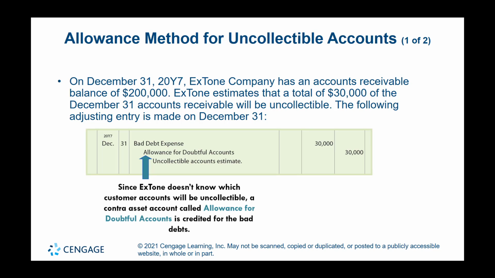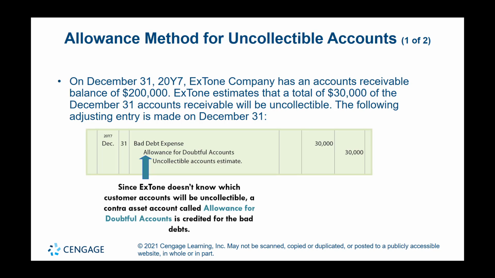You need to estimate how much sales will be returned. Here it is how much accounts receivable will be uncollectible. An estimate will be based on relationship, history of dealing with the customer, industry estimates, and so forth.